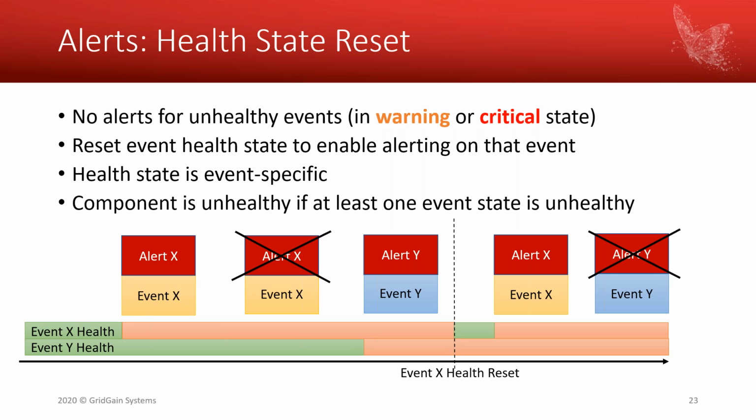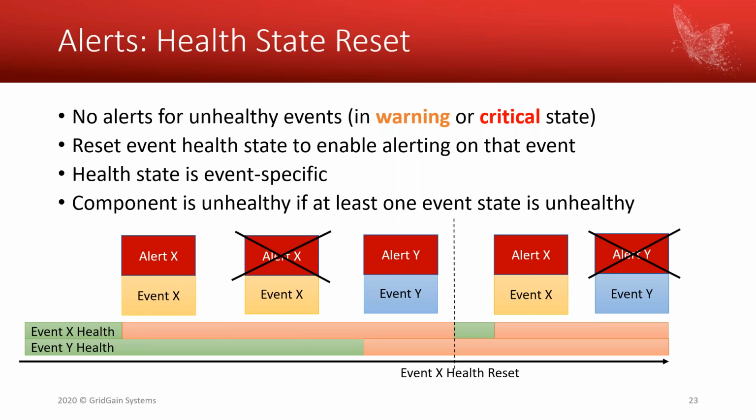When event X occurs, we open an alert for event X. The next time event X occurs, there will be no alert because the event is unhealthy. We do not duplicate alerts. But then event Y occurs. We open an alert because the health state is not for the entire component. Each event has a health state.